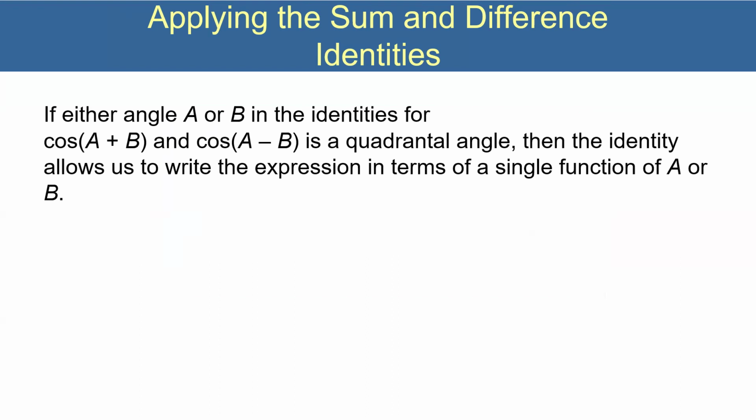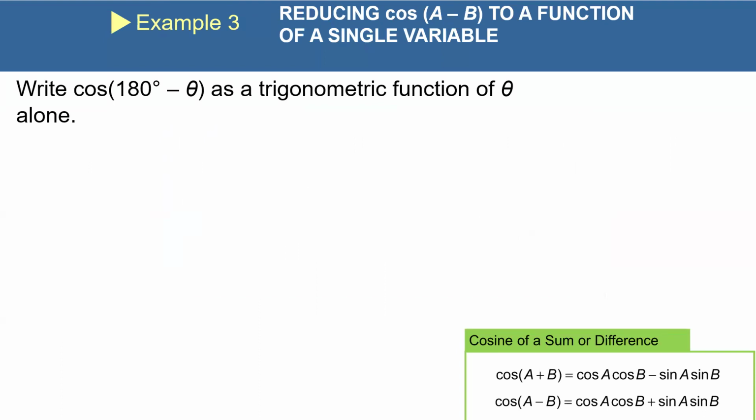So if either angle A or B in the identities for cosine of A plus B and cosine of A minus B is a quadrantal angle, then the identity allows us to write the expression in terms of a single function of A or B. Meaning that here, for example, if I have the cosine of 180 minus theta, I can go through and figure out what it's going to equal, because in the end, cosine has its own value of either 0 or 1, right?